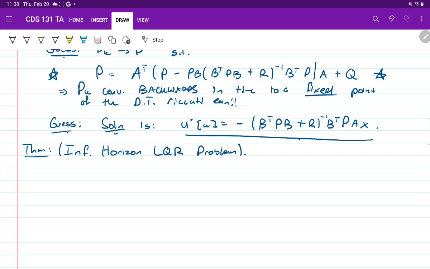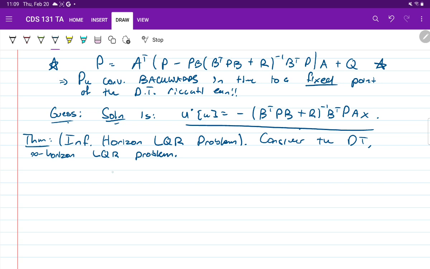What are we going to say? We'll say, consider the discrete time infinite horizon LQR problem. Let me actually write this problem out, because I'm going to talk about Q versus C in a moment.